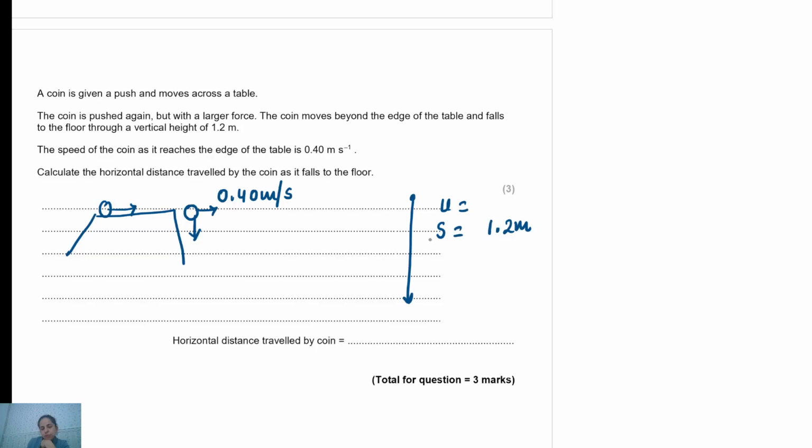In the vertical direction, its initial speed is 0, and this is my y direction. And then in the x direction, the initial speed is 0.40, but it has no acceleration in the x direction. It has an acceleration of 9.81 in the y direction.